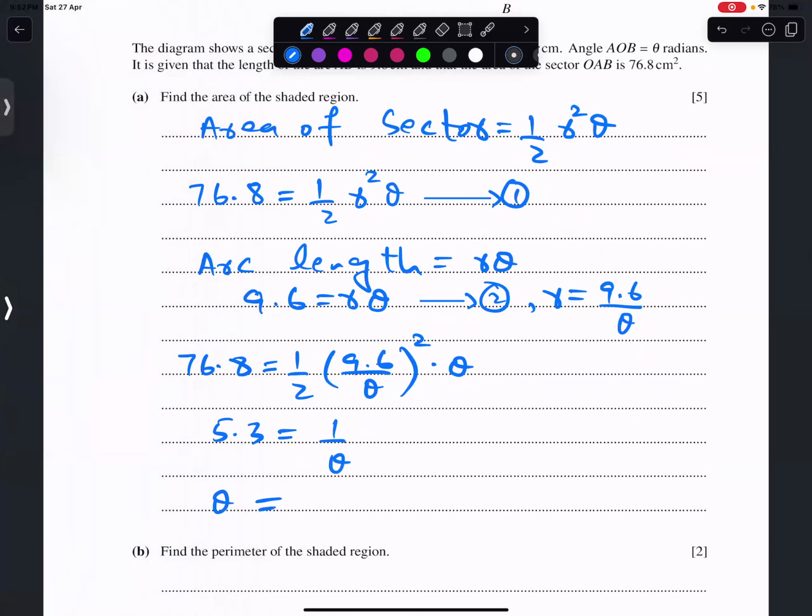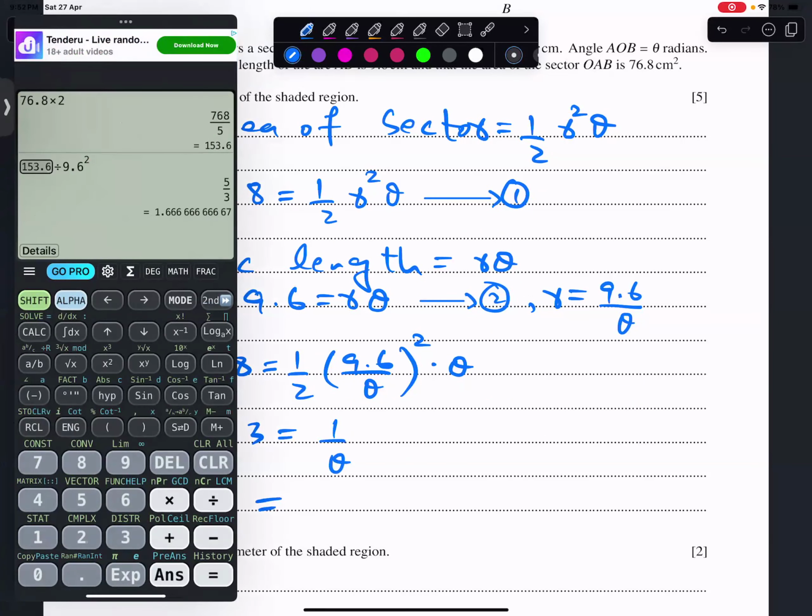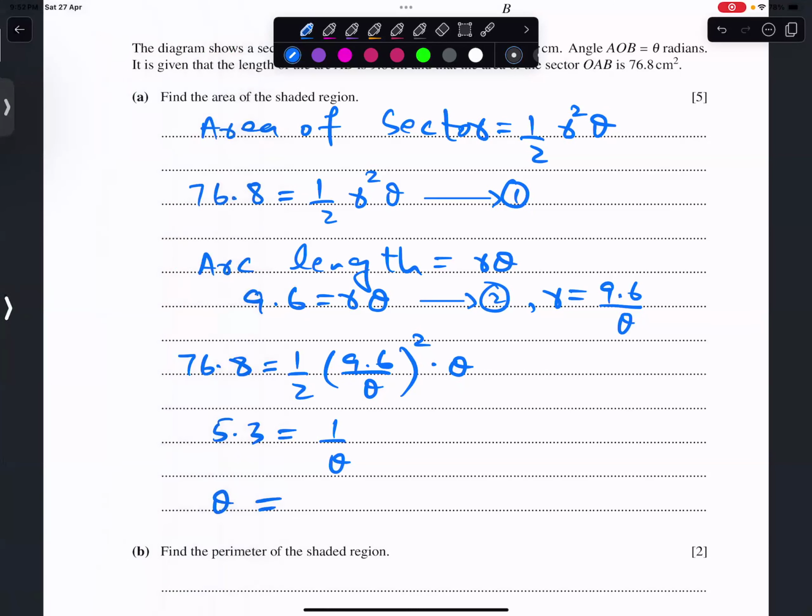So theta is equal to 1 divided by the answer, so 0.6.